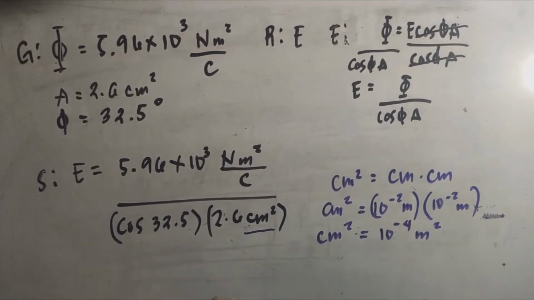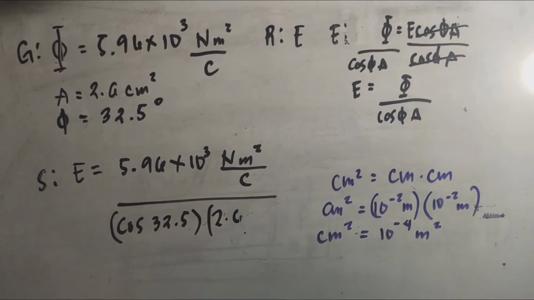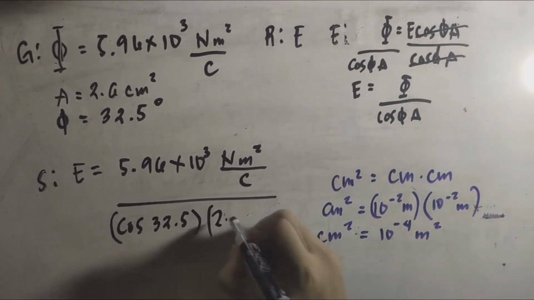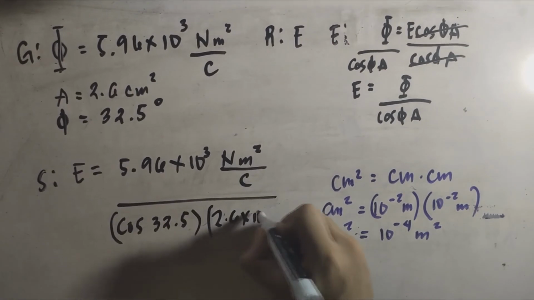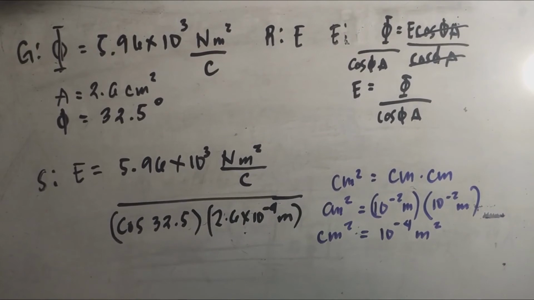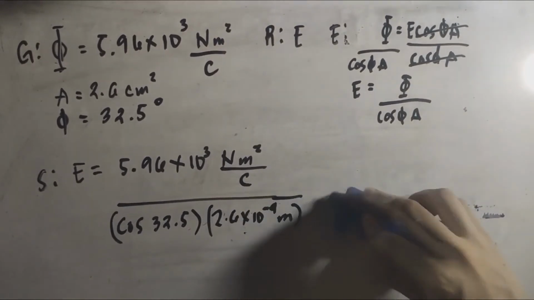Okay, so let's do that. So I'm just going to erase this. Okay, so that would be 2.6 times 10 raised to negative 4 meters. There you go. Then after that, you can input now those values to your cycle.